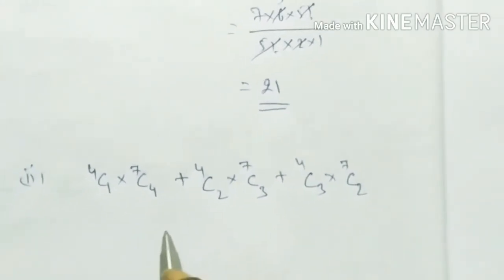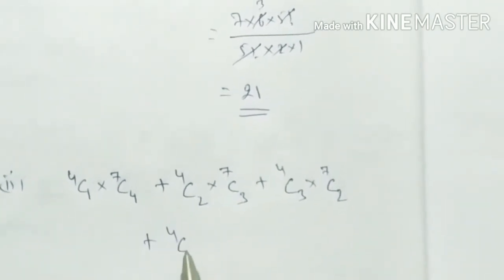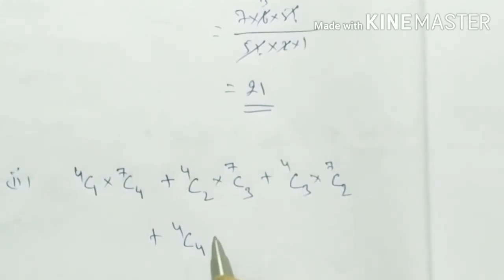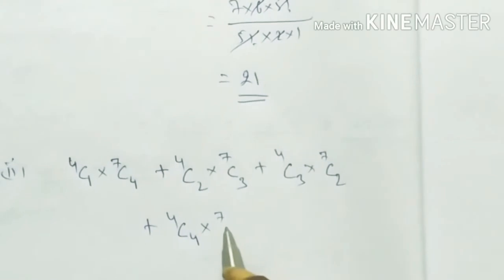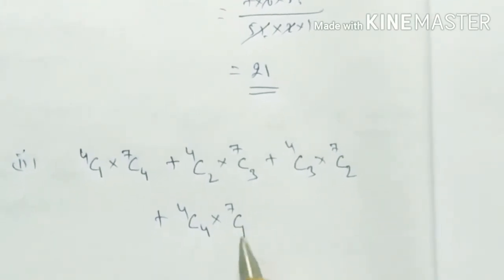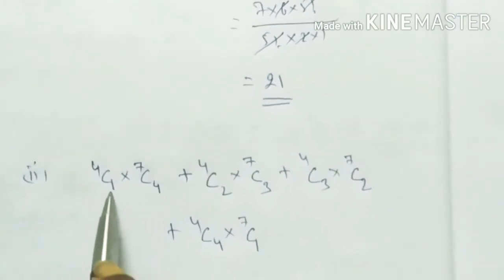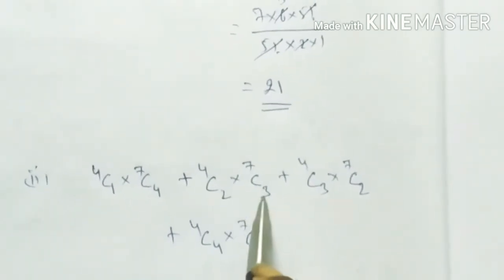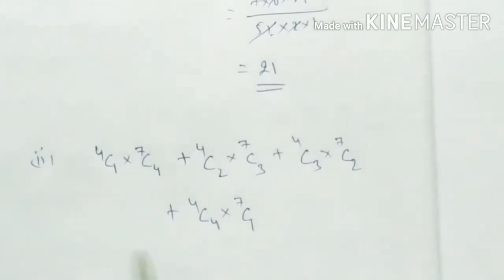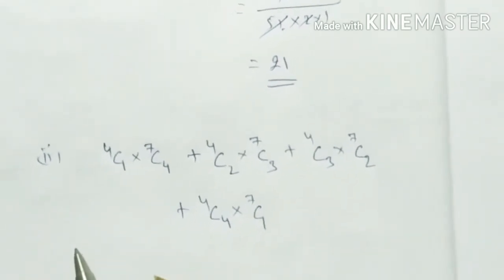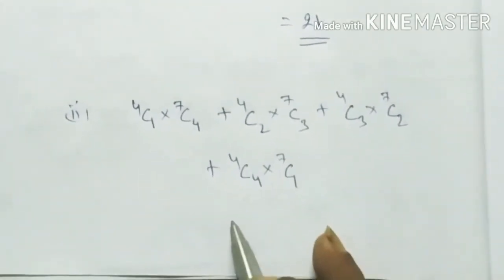And my last arrangement will be from 4 men I am going to select 4 men, and from 7 women I am going to select 1 woman. So in each arrangement you see 1 plus 4 is 5, 2 plus 3 is 5, 3 plus 2 is 5, 4 plus 1 is 5, because I require a 5-member committee.